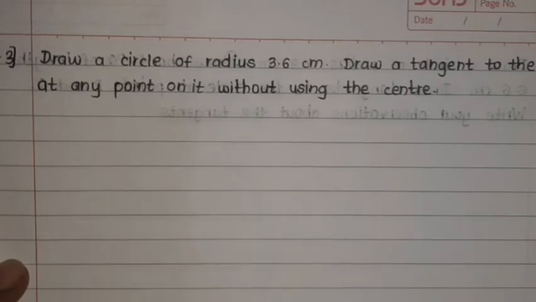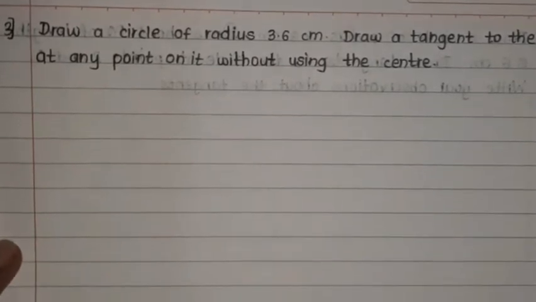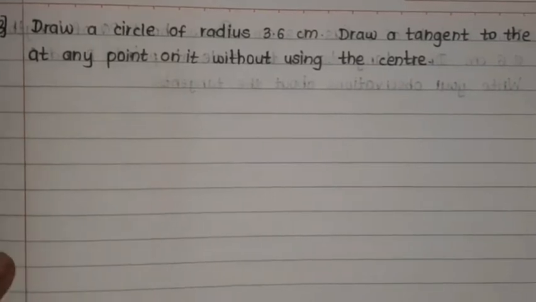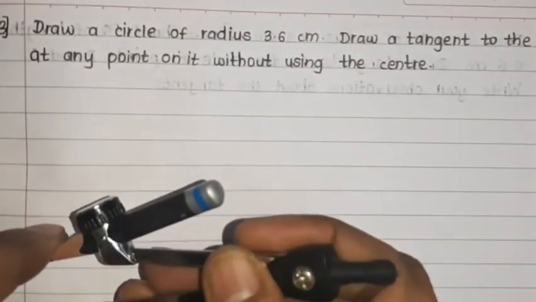See dear student, it is most important. Draw a circle of radius 3.6 centimeter. Draw a tangent to the circle at any point on it without using the center. Dear student, first of all we have to draw the analytical figure or rough figure like this.